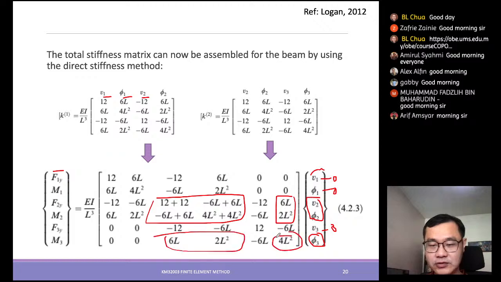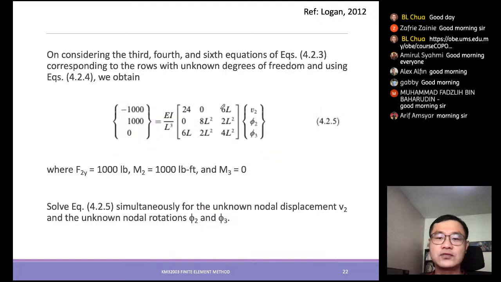So what you need to do is group, or we can partition this, to form your relationship. From there you can substitute whatever known and unknown into your equations, and solve them simultaneously. So you should get what you did.